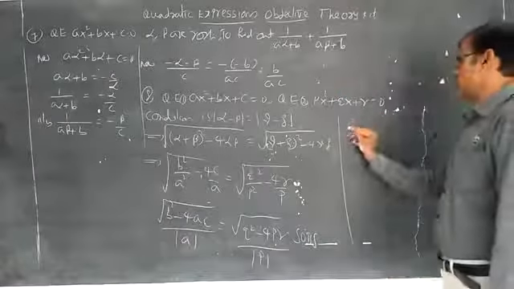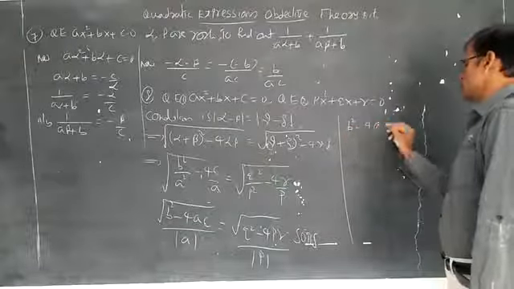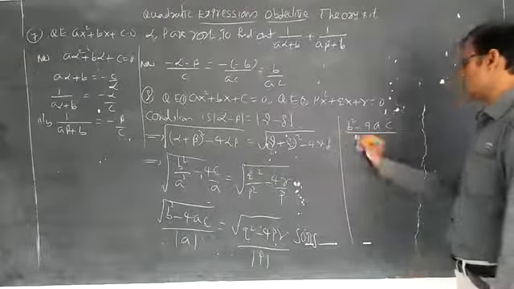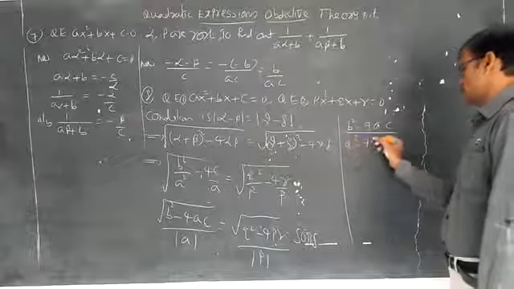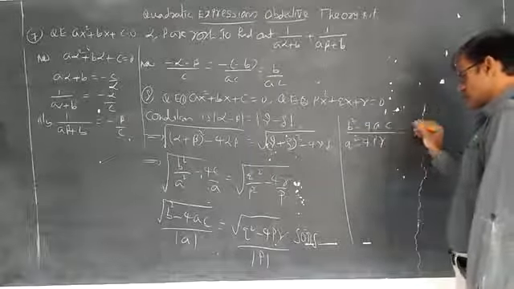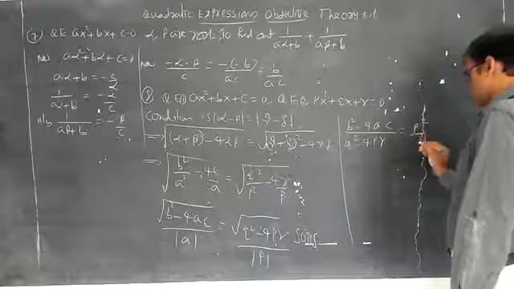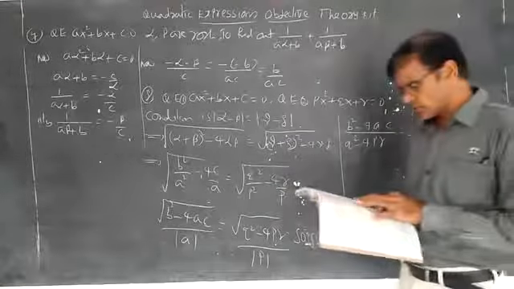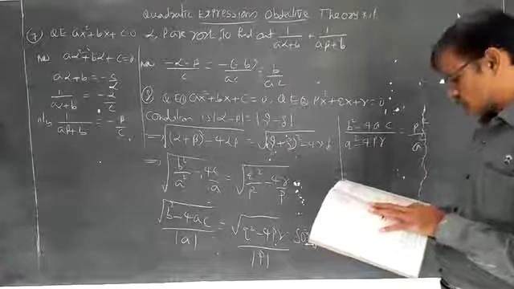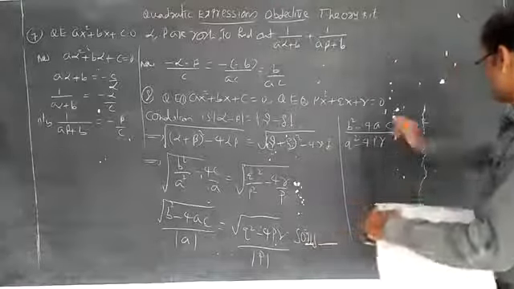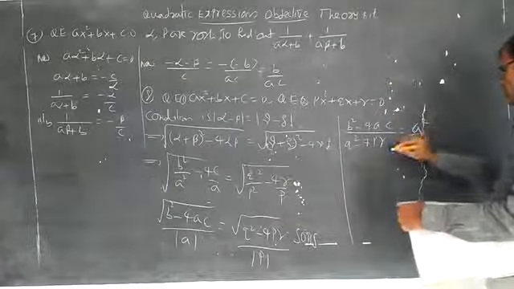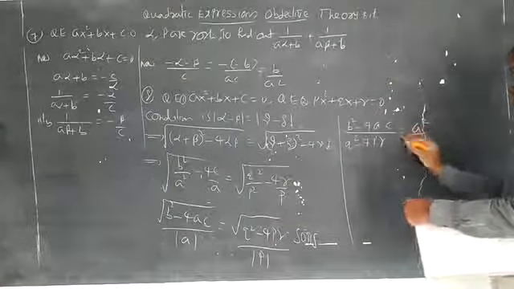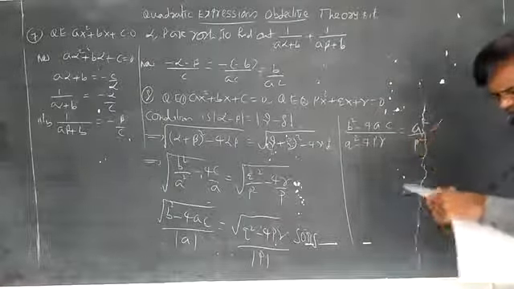Taking b square minus 4ac and q square minus 4pr as a fraction, it is equal to p square by a square. That is the answer he is asking: b square minus 4ac by q square minus 4pr is a square by b square. It is the correct answer.